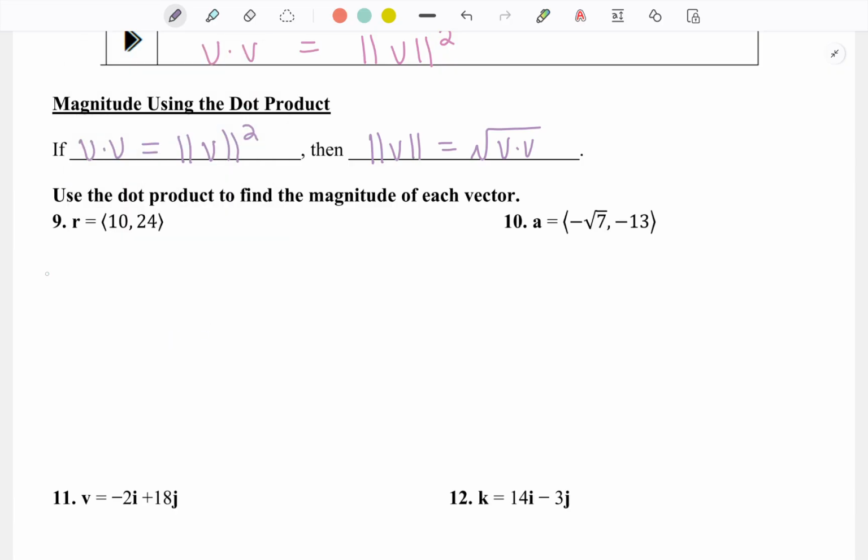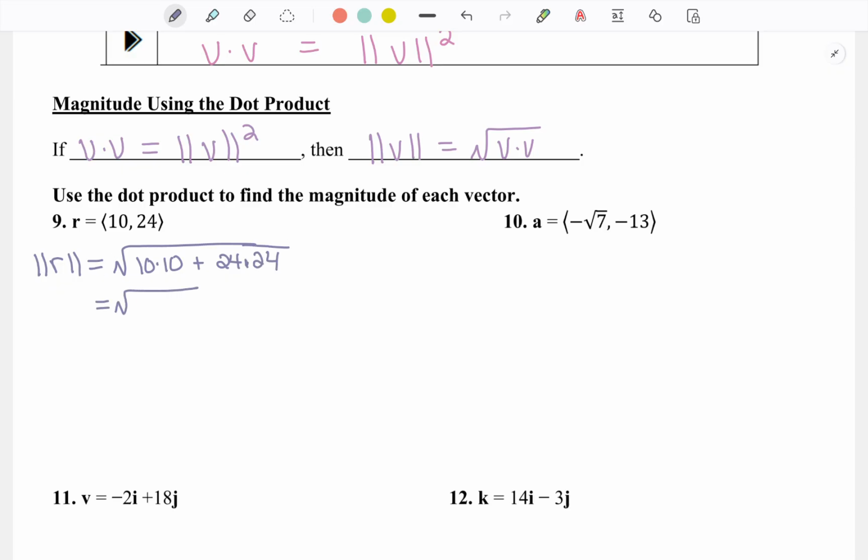So for the magnitude of R here, we are going to find the dot product. So it's going to be V times V, so 10 times 10 plus 24 times 24.